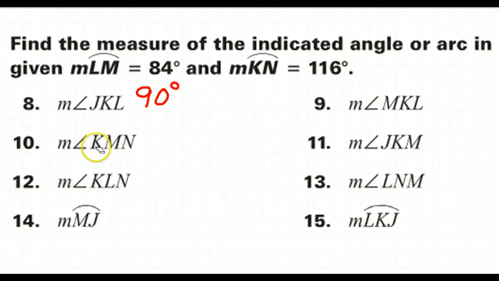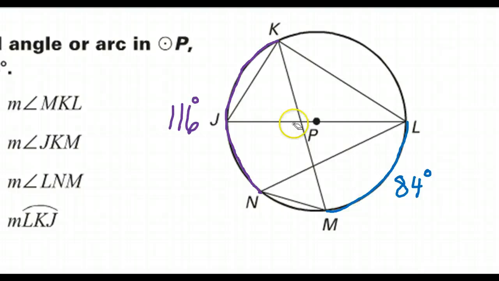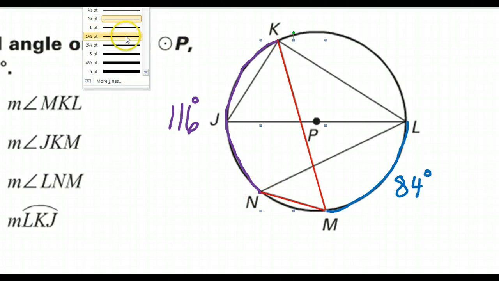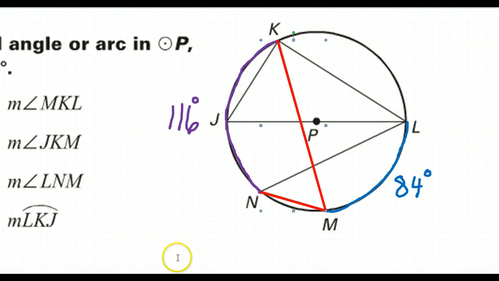All right, now we're supposed to find angle KMN. Okay, well, angle KMN is like this, from K to M to N. Okay, there's angle KMN. Well, see how helpful the color is? Hopefully you can see that this red angle KMN has the purple angle as its intercepted arc.